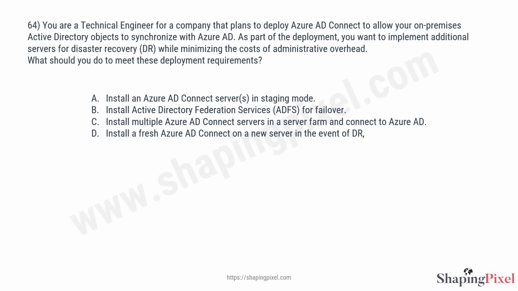Option A, install an Azure AD Connect server in staging mode. Option B, install Active Directory Federation Services for failover. Option C, install multiple Azure AD Connect servers in a server farm and connect to Azure AD. Option D, install a fresh Azure AD Connect on a new server in the event of DR. So the right answer here is option A.